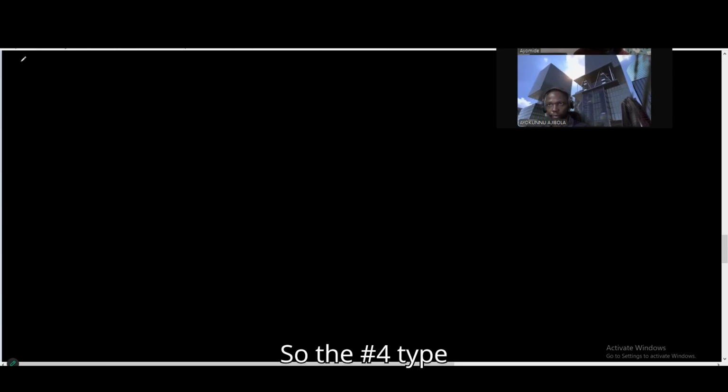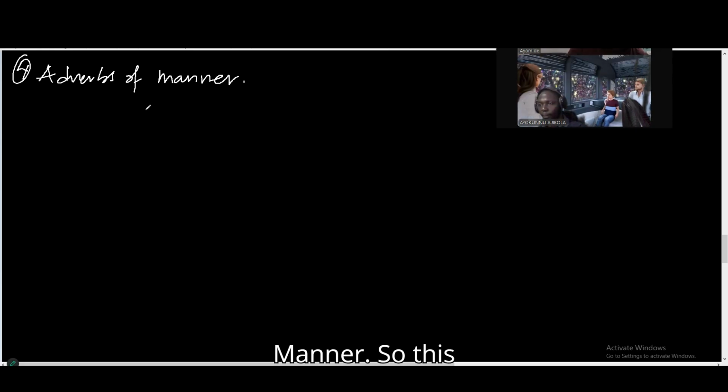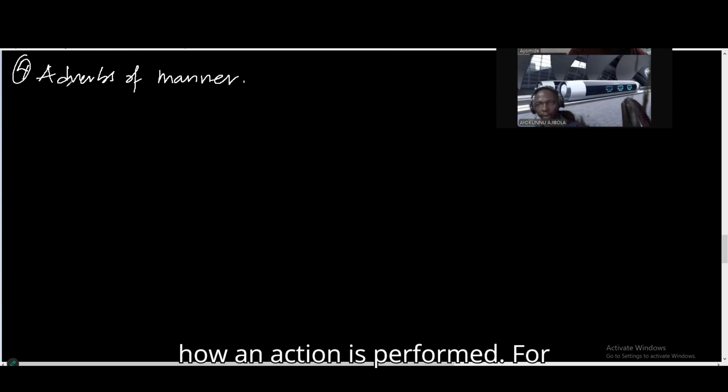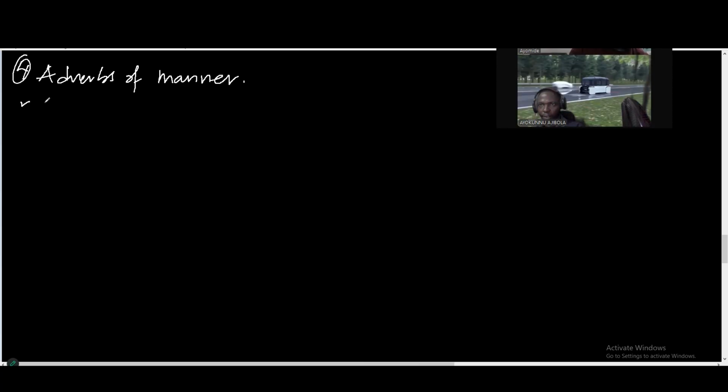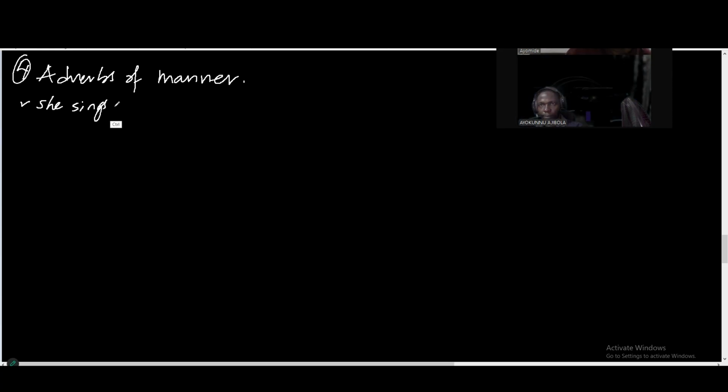So the fourth type of adverb, we have adverbs of manner. This describes how an action takes place, how an action is performed. For example, let's say she sings beautifully.